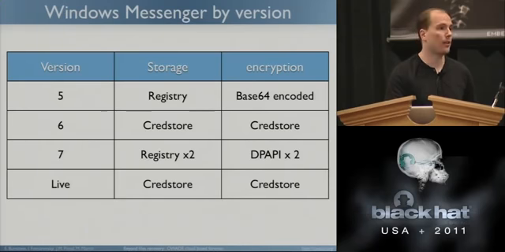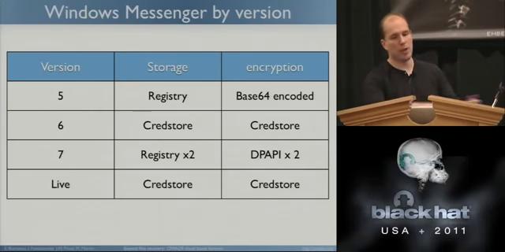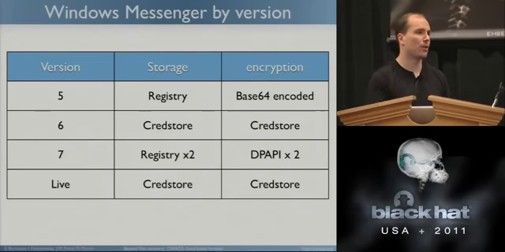Version 6, they said, let's use our own API because our own API is good. Let's use the CRED store. Version 7, someone said, oh no, our own API is not good enough. Let's do something completely different, which is encrypting the salt with DPAPI, then decrypting the salt and putting it back to decrypt a second DPAPI blob. And finally, with Live, probably the product manager said, no guys, you should use our own API, so they went back to the CRED store.